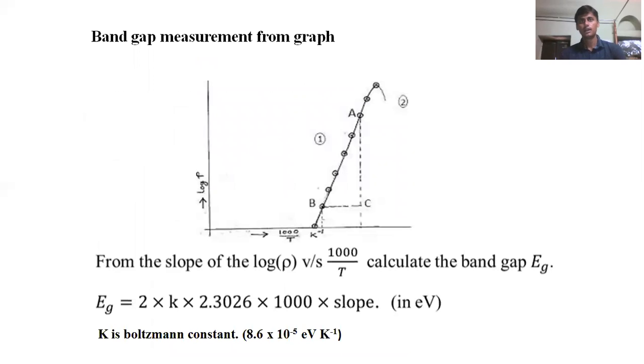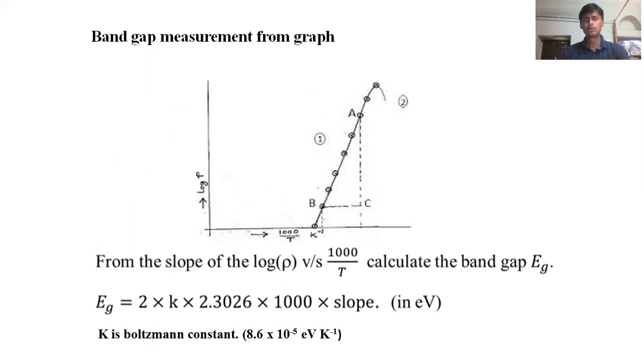Next, band gap measurement from the graph. Here you draw the graph of log rho versus 1000 by T, with 1000 by T along the x-axis and log rho along the y-axis. The nature of the graph is that the lower part is a straight line and the upper part is a curve.